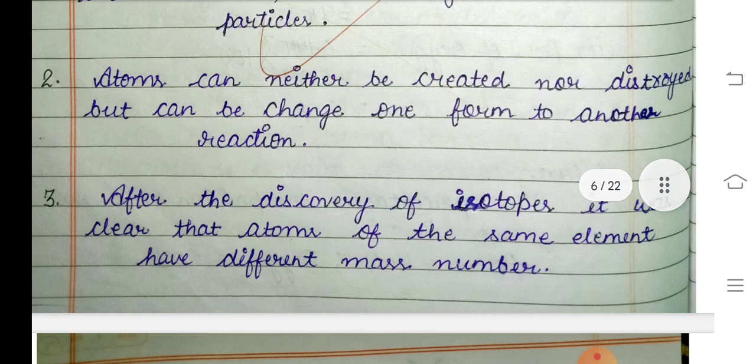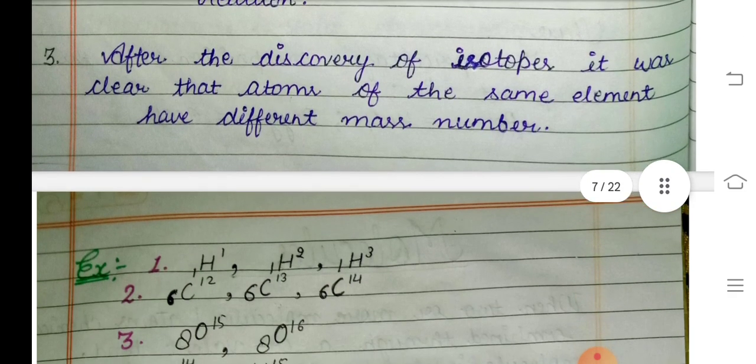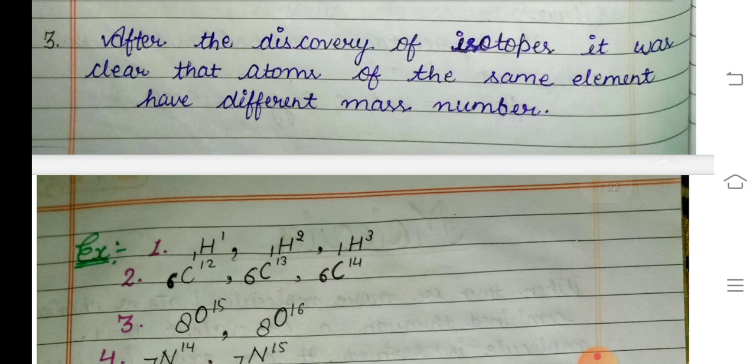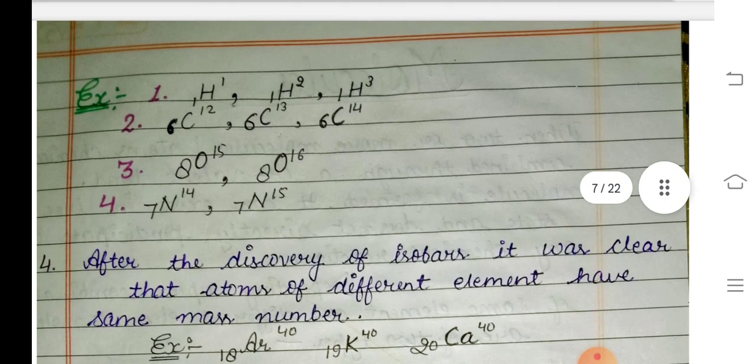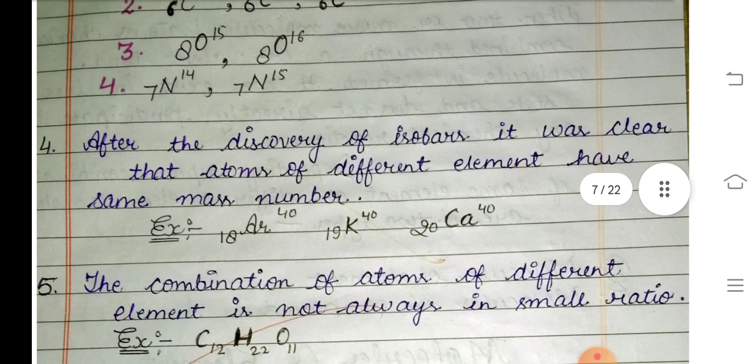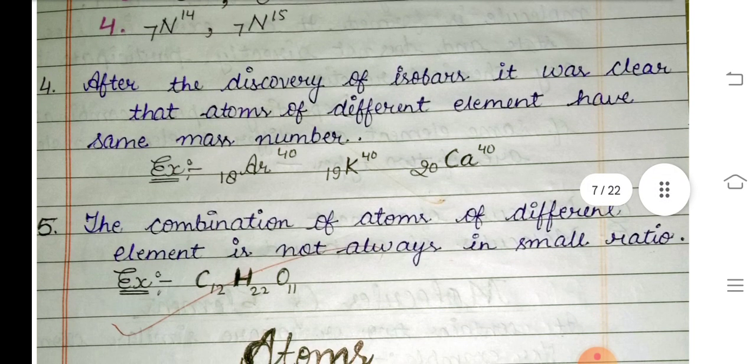And atoms can neither be created nor destroyed, but can change from one form to another in reactions, right? And after the discovery of isotopes, it was clear that atoms of the same element have different mass numbers. I will tell you what isotopes and isobars are, right? Okay, so these are examples of the drawbacks of Dalton's theory.